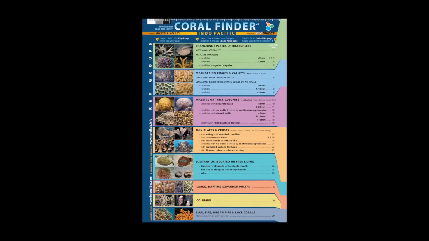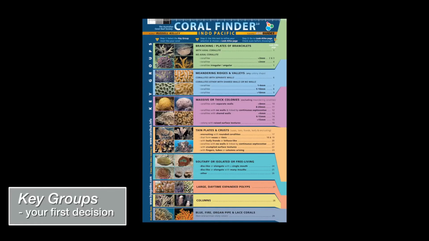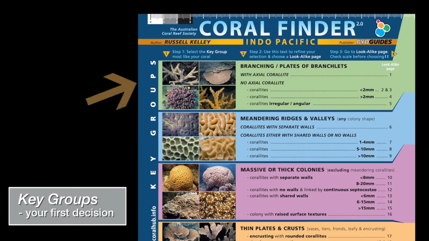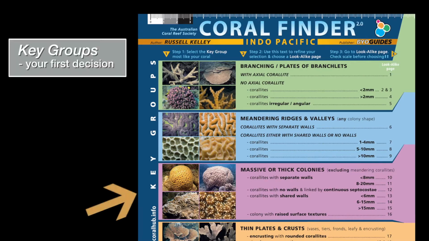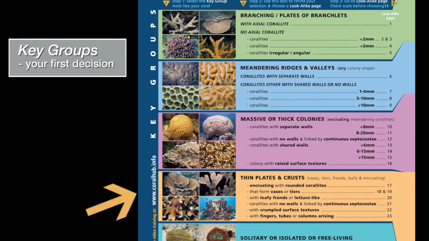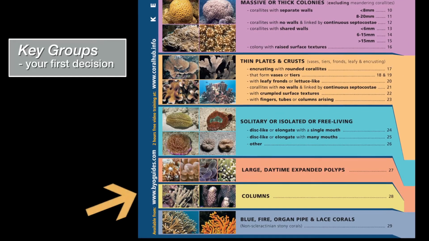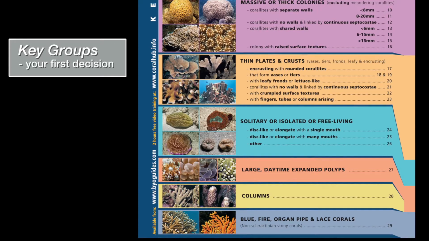Let's get started. The cover page contains the Coral Finder key groups. Key groups are simple groupings of corals based on concepts like colony growth form. For example, branching, massive, thin plates, or columns, or the shape or patterns formed by coral polyps.